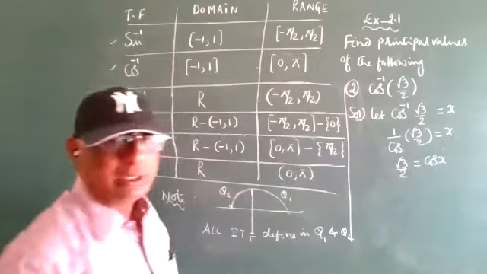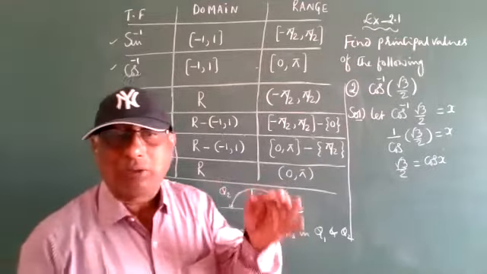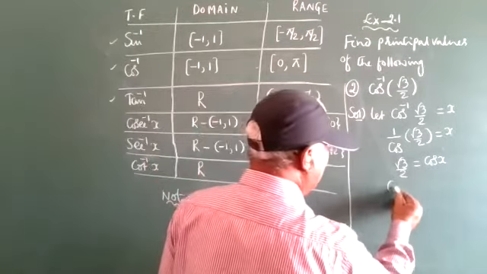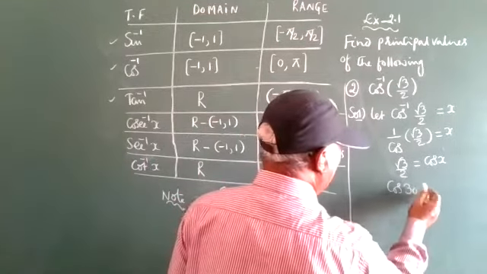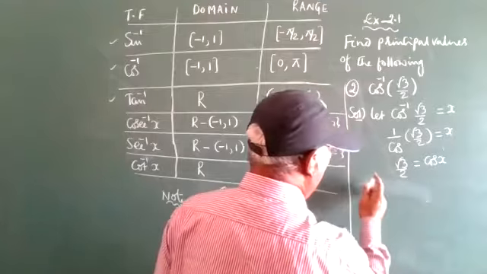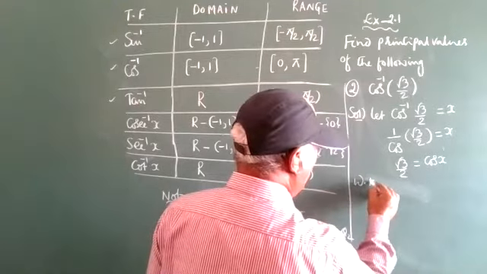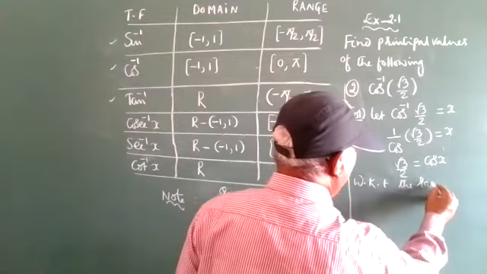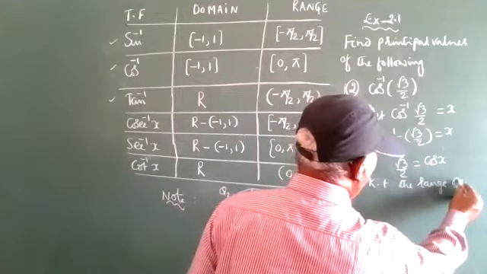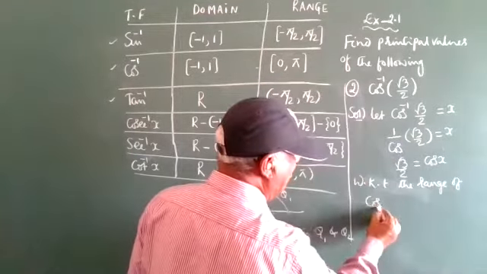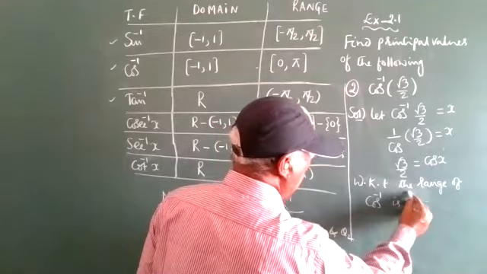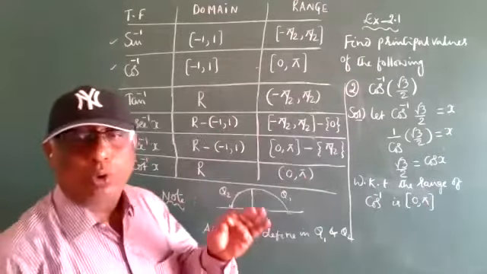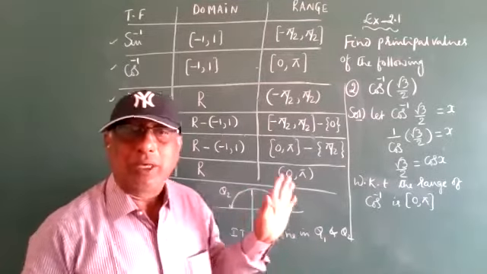Root 3 by 2 is cos 30 degrees. First write down the range: we know the range of cos inverse is the closed interval 0 to pi, so any value in 0 to pi can be taken.